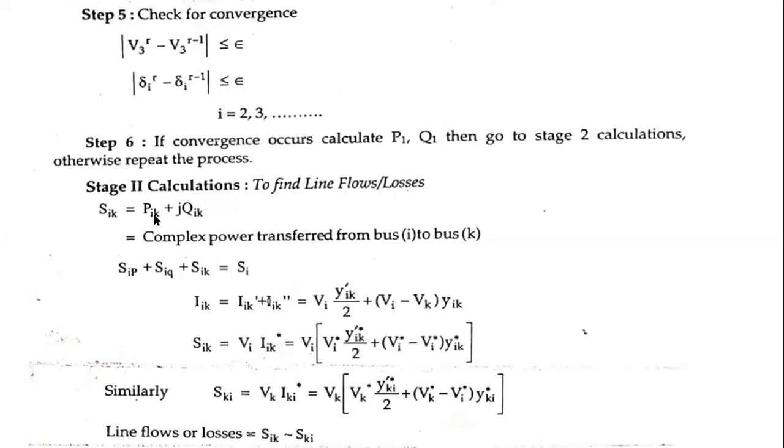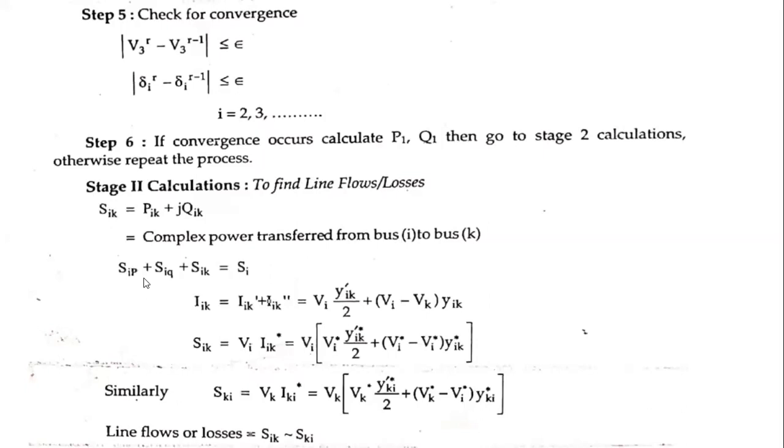Sik is equal to Pik plus jQik. That is the complex power that will be transferred from bus i to bus k.